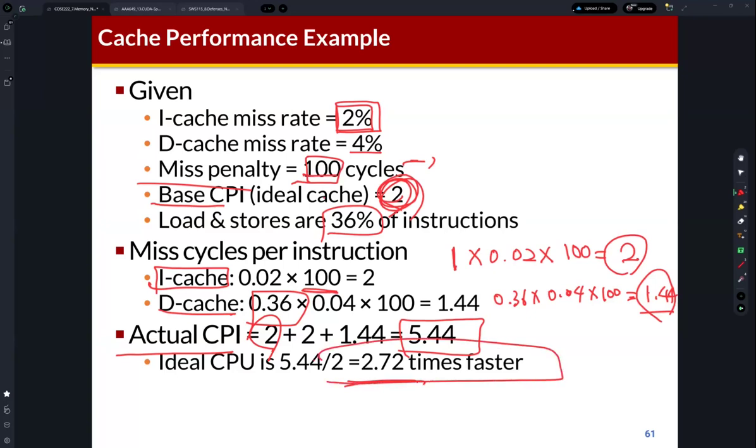But we can find that the performance is dramatically degraded because of this memory system. Okay, so that's why the performance of a memory system is critical for the performance of the entire computer system.